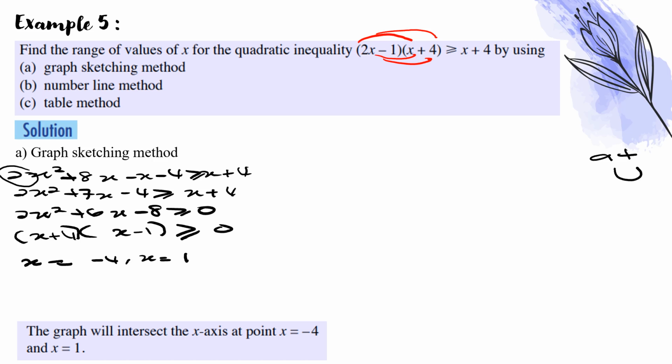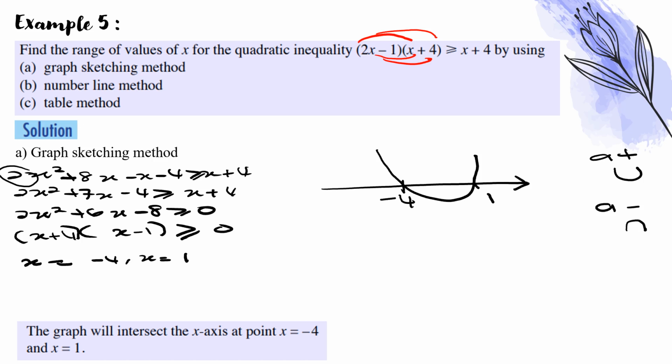If the coefficient a is negative, you will get a sad graph. So first, you need to draw the x-axis, and since this is positive, it is a smile graph. So this one is negative 4, and this one is 1. Okay, so there are 3 parts here.